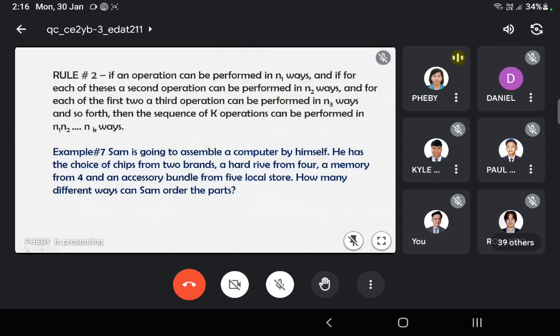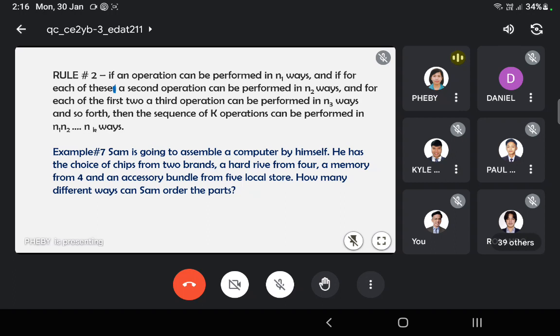Okay, rule number 2. If an operation can be performed in n1 ways, and if for each of these, a second operation can be performed, and for each of the first two, a third operation can be performed in n3 ways, and so forth.